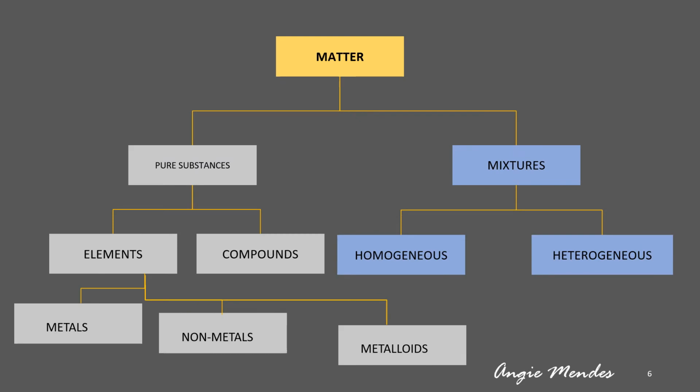Now, matter can be further classified into pure substances and mixtures. Pure substances can be further classified into elements and compounds, and elements are further classified into metals, non-metals, or metalloids, while mixtures can be of two kinds: homogeneous and heterogeneous.